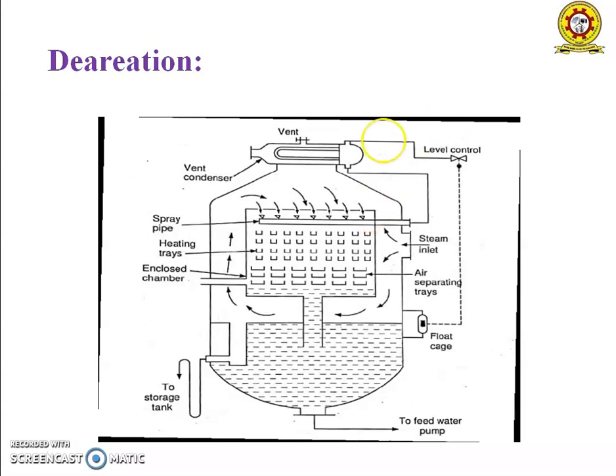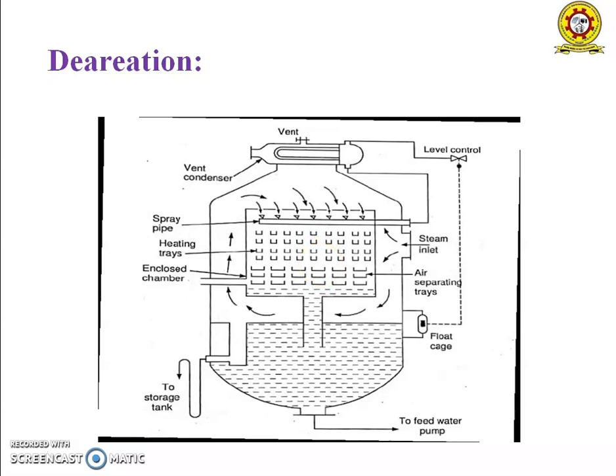Steam enters into the heater and finally gets collected in the storage tank. The steam makes its way downward through the perforations in the top plate. While flowing downwards, steam comes in contact with the falling water. Most of the steam condenses in between the spray and the heating trays.